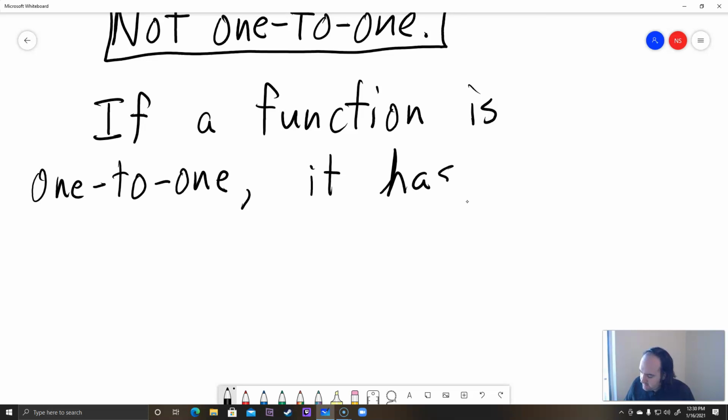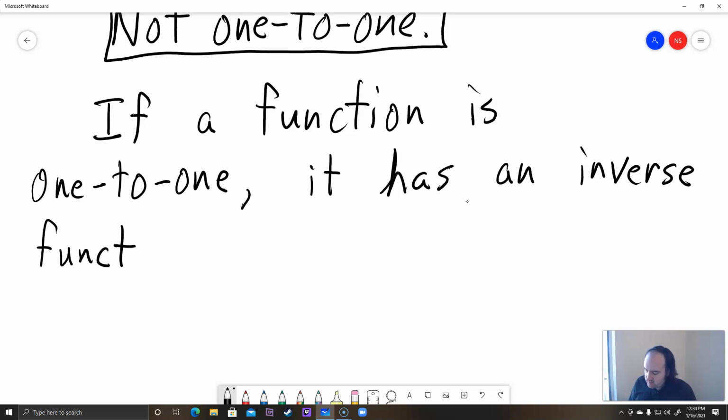Okay? It has an inverse function. So in order to have an inverse function, your function has to be 1-to-1. That's why we were learning about 1-to-1 functions.